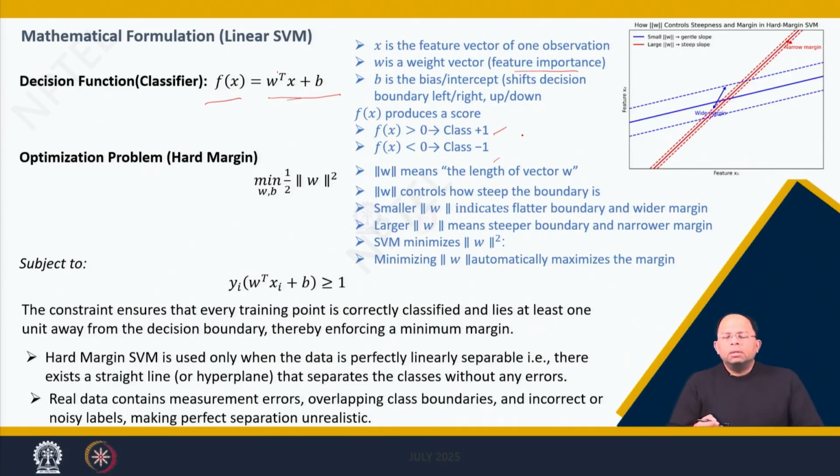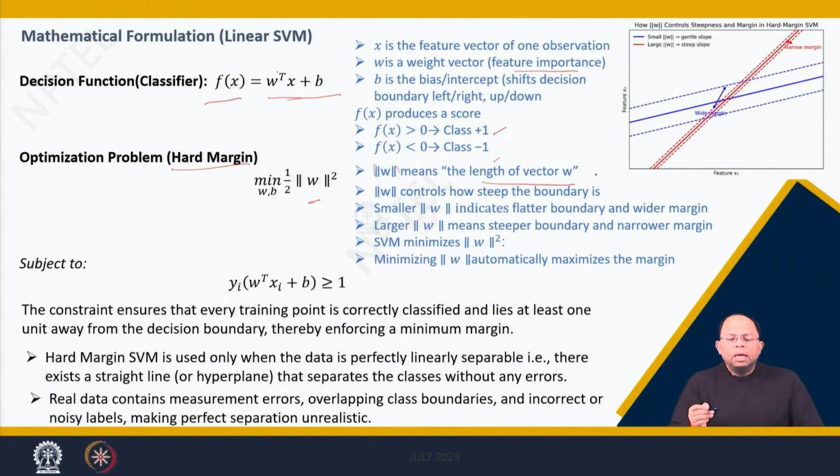Now our goal is to optimize. In the hard margin form, that is, if we have a fixed margin, we minimize the value of w, taking half of its square. This w represents the length of the vector; this sign means the length of vector w.